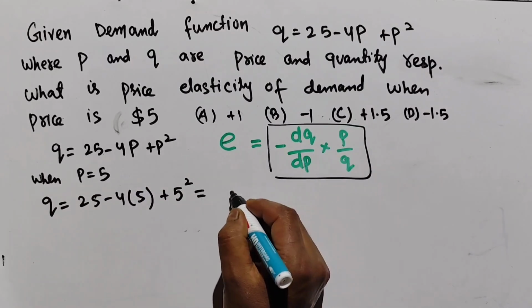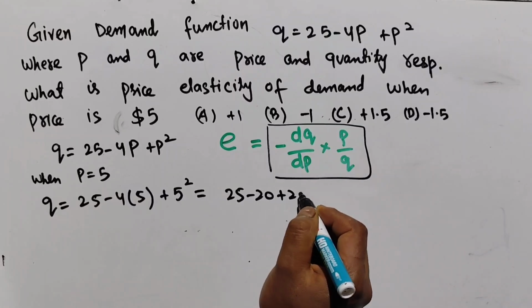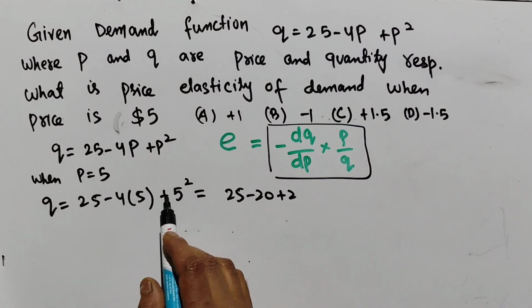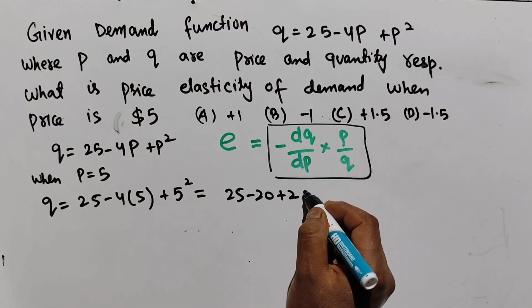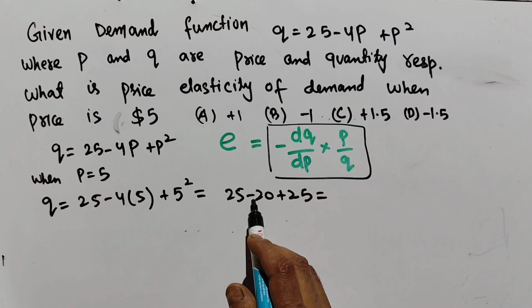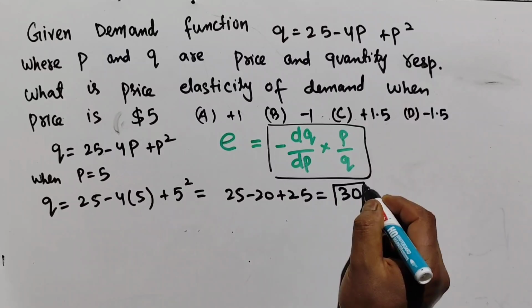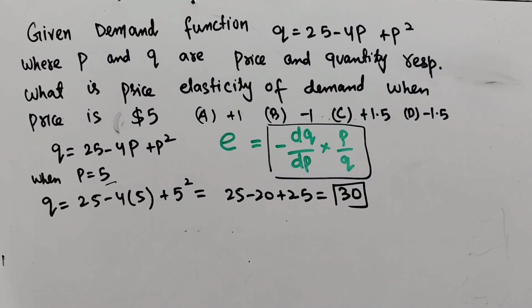It becomes 25 minus 20 plus 25. Okay, so 25 minus 20 is 5, so we get 5 plus 25, which comes out to be 30. That means when price is equal to $5, quantity demanded is 30.